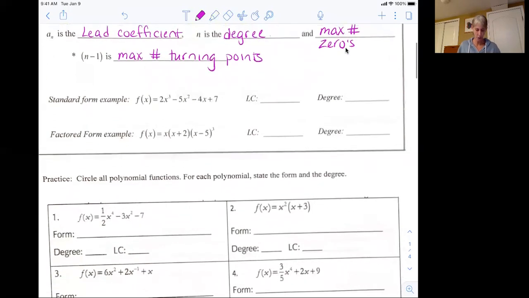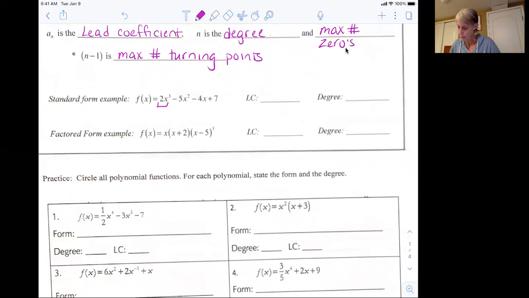When we talk about polynomials, we want to talk about the difference between the standard form and the factored form. Now, the standard form is when we have no parentheses. So we're going to have everything as terms, and they're separated by pluses and minuses. So this would be a term. This would be a term, etc. The terms in standard form also go from highest power to lowest power.